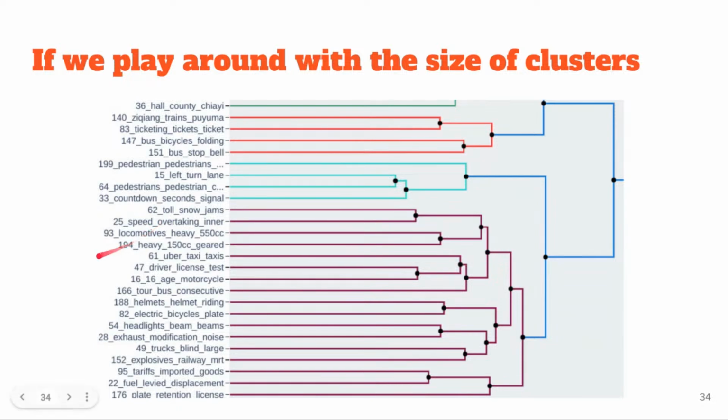You can see finer clusters like tall snow jams is one cluster, though I don't know what happened because in Taiwan there's usually not so much snow. Or speed overtaking, inner or locomotives, heavy 550cc, which is about engine volume. Uber is also a topic, and driver license stage, and the age for motorcycle 60s. So these are all topics that we cluster.